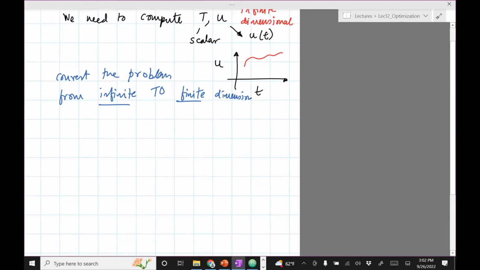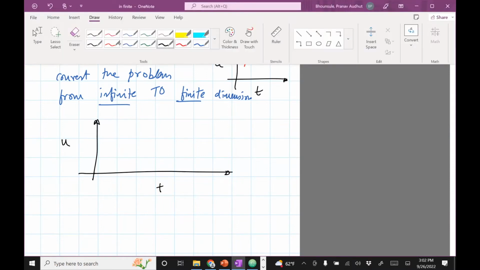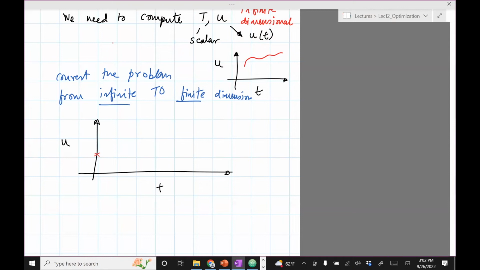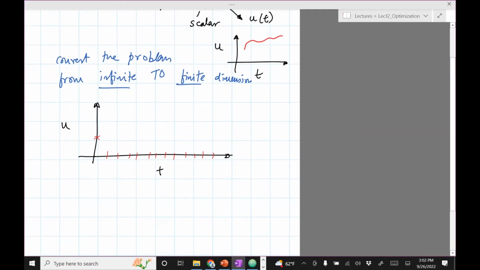Here u of t is infinite. This is u, this is time. So we'll assume some grid. In this case, we'll assume a uniform grid, but you can have a non-uniform grid too.